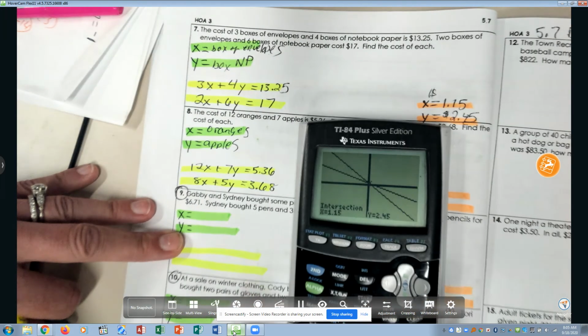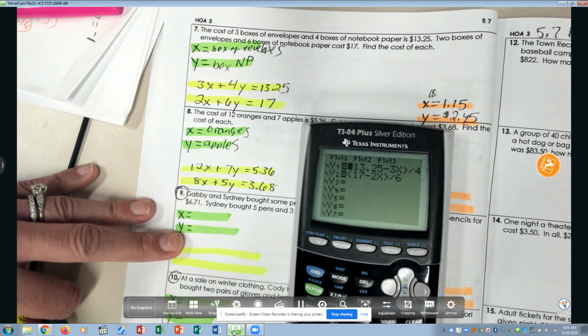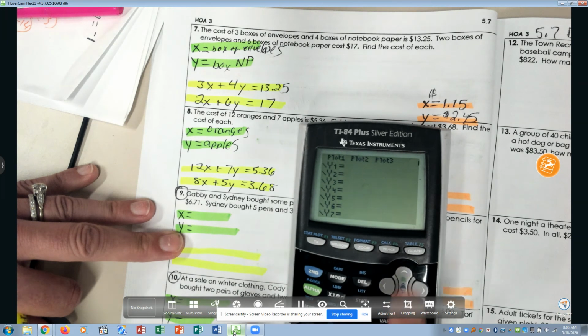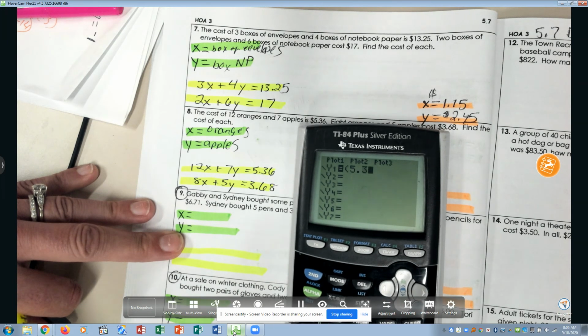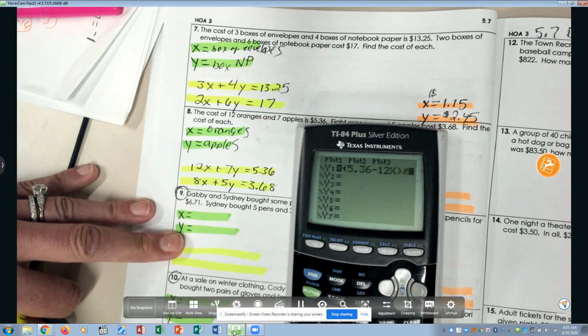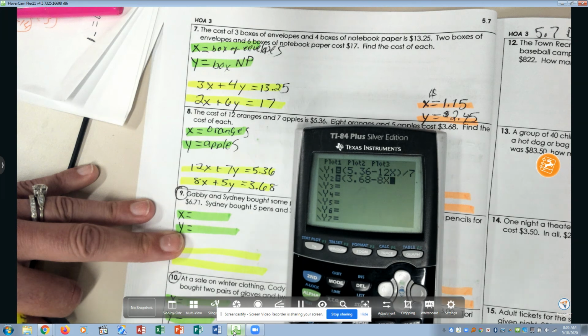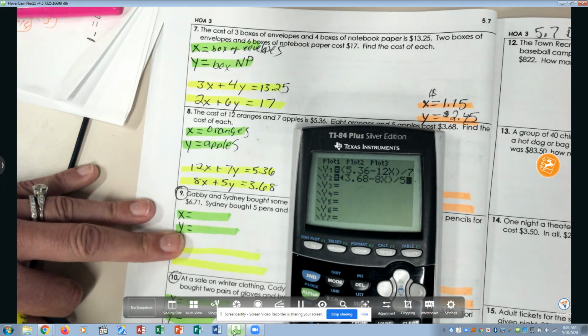All right, here we go. Oops, I need to clear. All right, so 5.36 minus 12, the x term, divide by the coefficient of y. Oops, what am I doing? 3.68 minus the x term, divide by the coefficient of y.